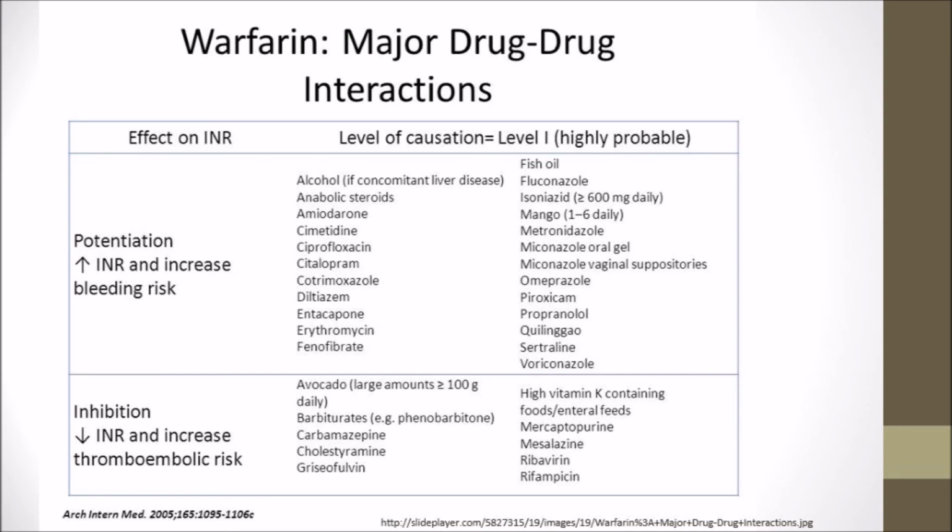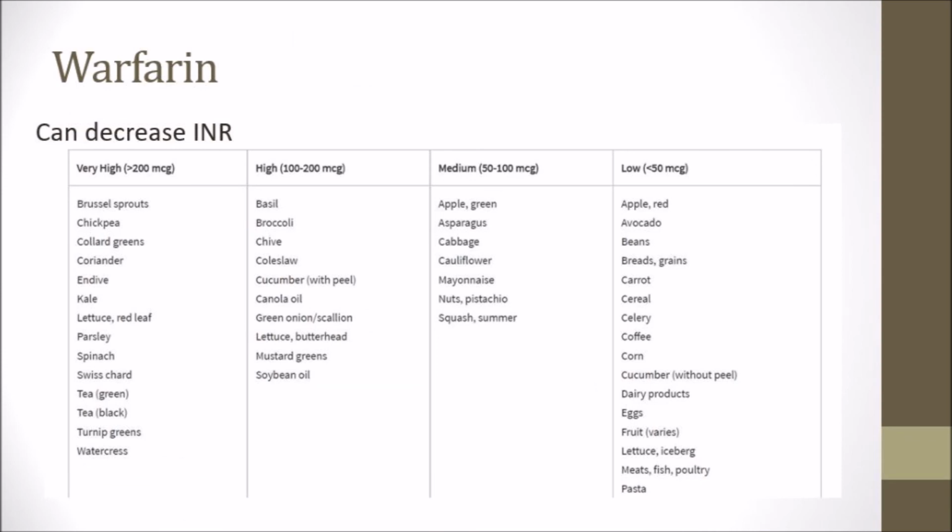This next table shows a list of foods and their level of vitamin K. Now, the higher the level of vitamin K you get, the more warfarin you're going to need to maintain your specific INR.